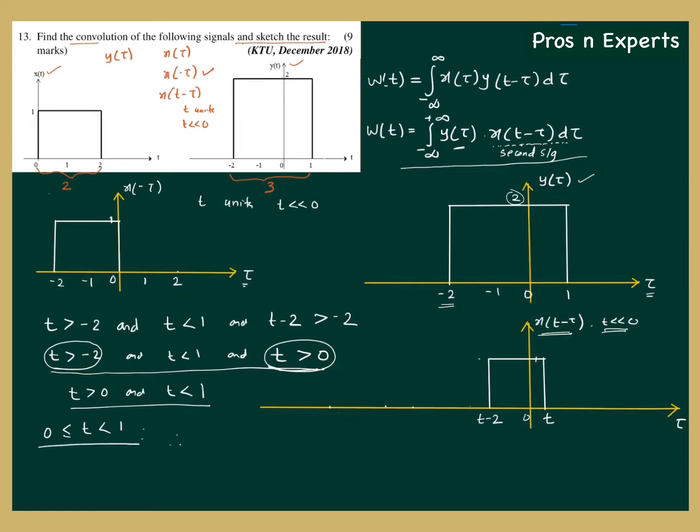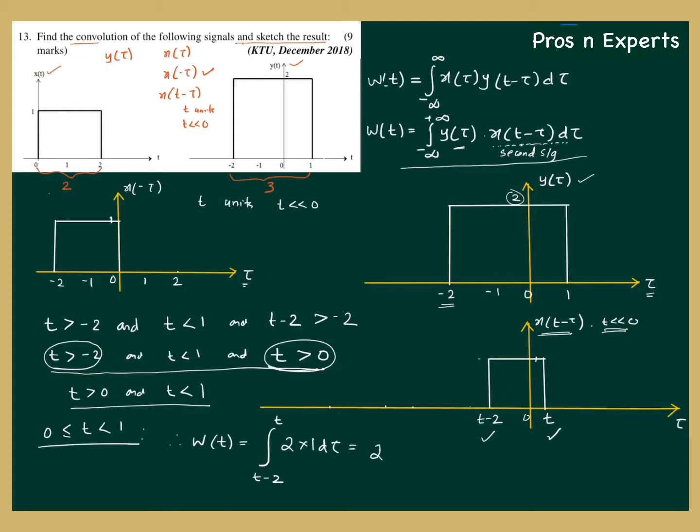So in this interval, our output w of t is an integral. What is the limit of integration? Both the signals overlap, or the product does not become 0, only from t minus 2 to t. So the integral from t minus 2 to t, y of tau is 2 and x of tau has amplitude 1, d tau.